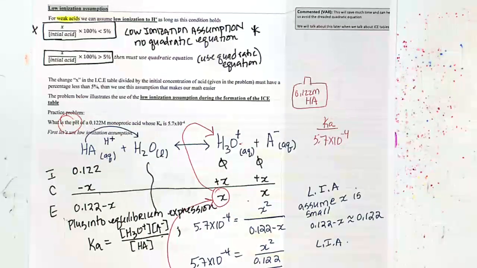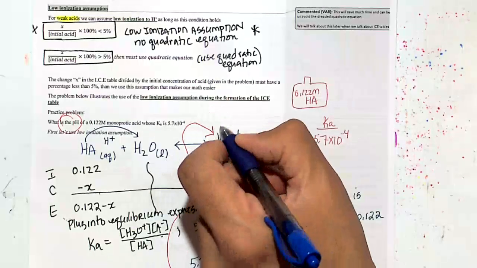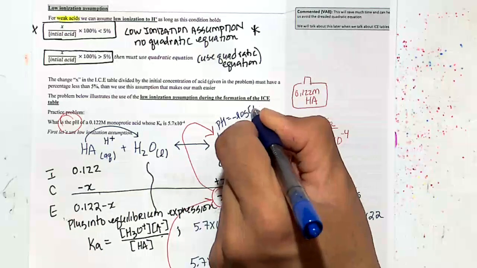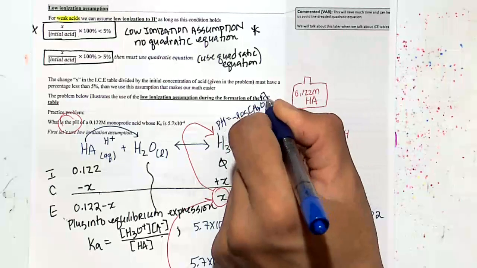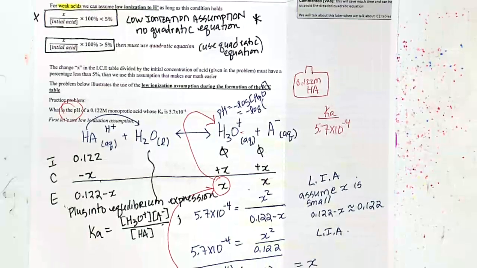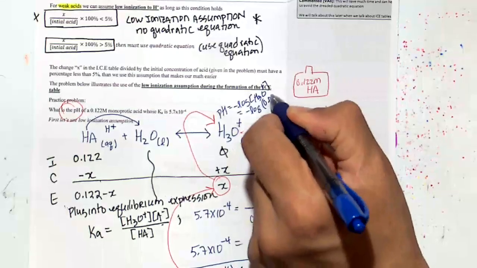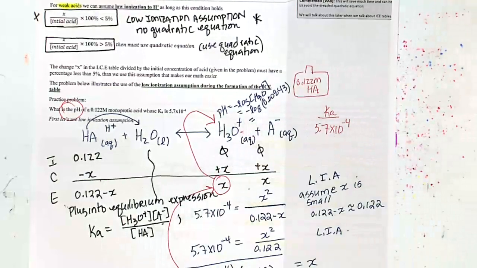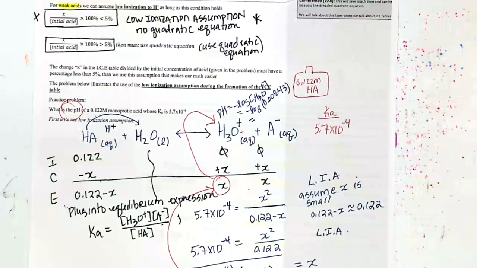Okay, what is the pH then? pH is minus the log of H3O plus, which is minus the log of 0.00834. And what is that on our calculator?